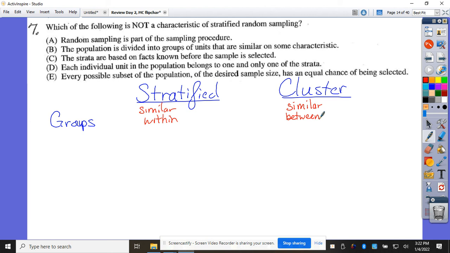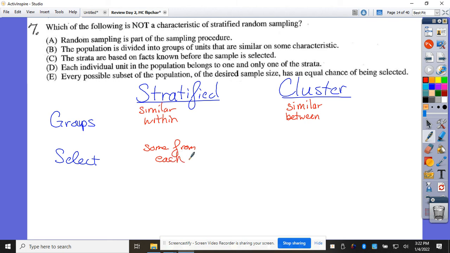The second thing that is different about them and important is how I select. How do I select for stratified? You select a few from each group. And now they should be proportional, whether it's the same size or not.